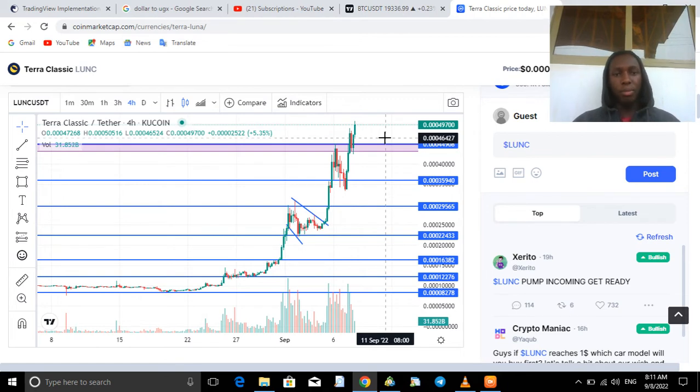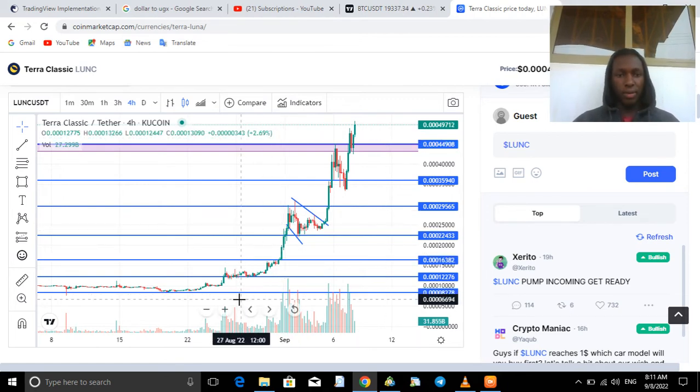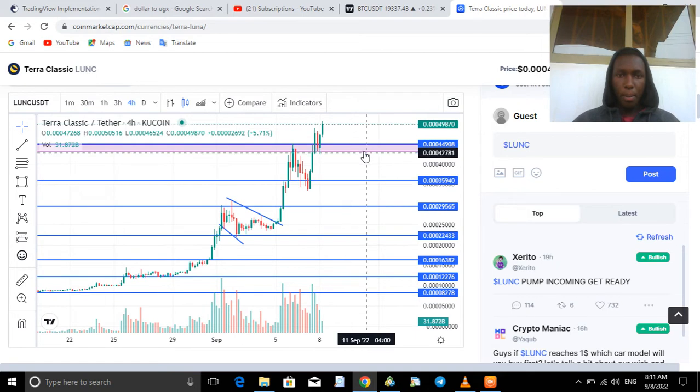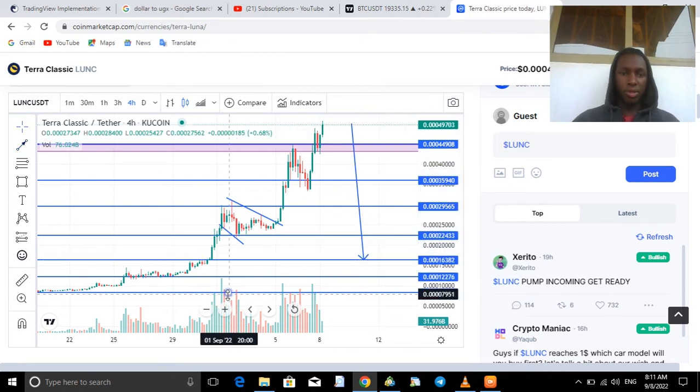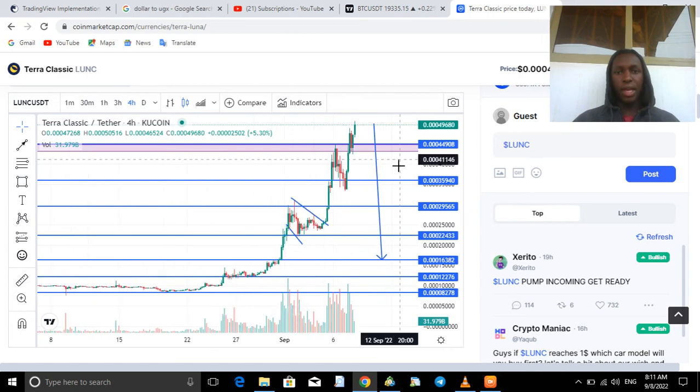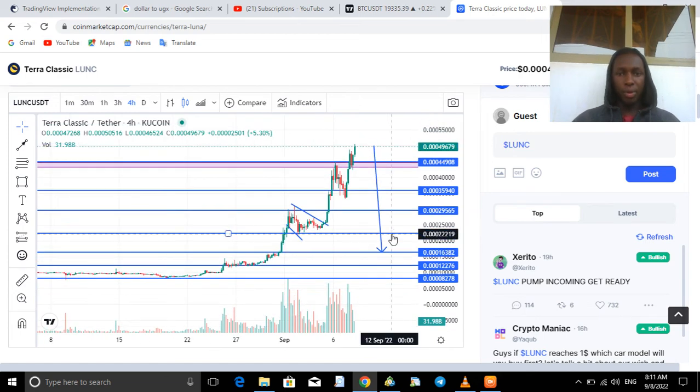But if you wait for a pullback, this market can push back to the downside, because all things are possible. You can see prices coming back to this level, because this level has acted so strong. So we can see prices pushing back to this level before we see a huge price rise.